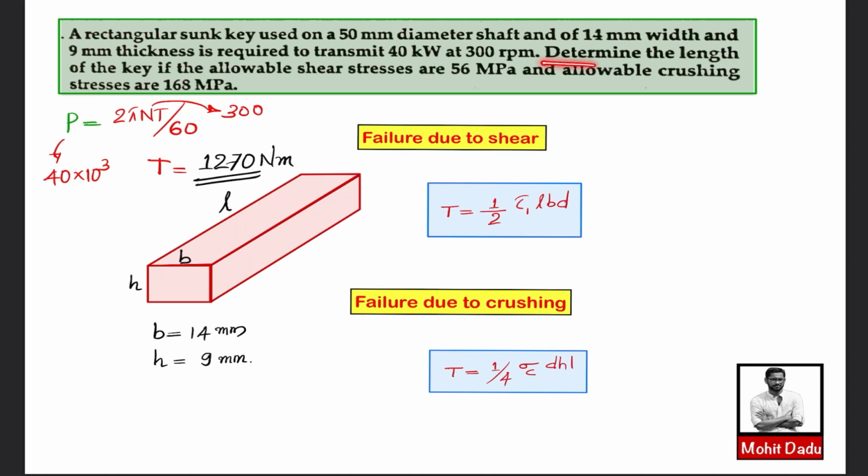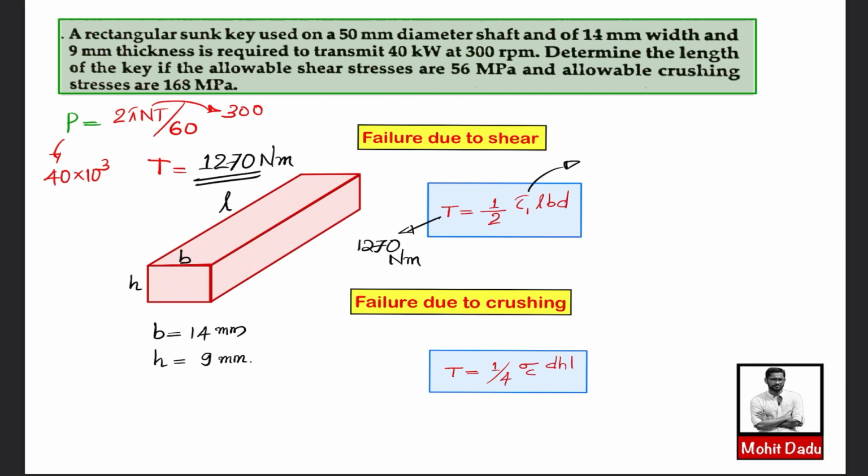The question is to determine the length of the key if the allowable shear stress as well as crushing stress, the properties of the key material, are given. For this we will consider both failure modes. First we will consider the failure due to shear. The equation we already saw, or you can see in the data book also. The torque is 1270 Newton meter in SI units.